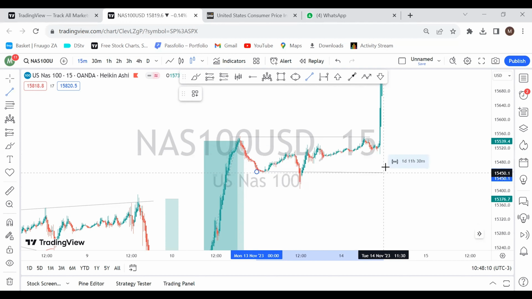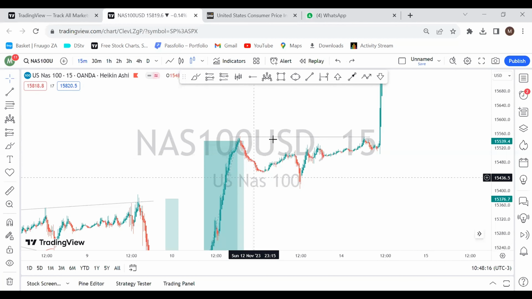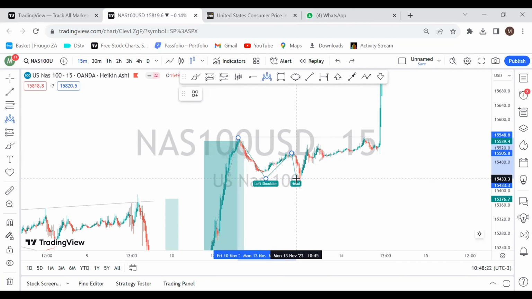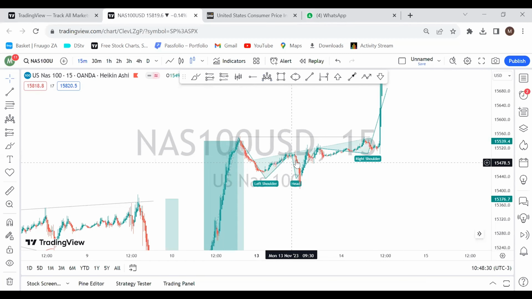So with this one, you can just ignore the support itself and try to use an inverse head and shoulder pattern to catch this one. As you can see, the price gave you a nice inverse head and shoulder pattern right there.